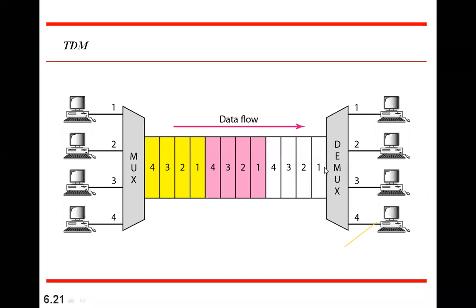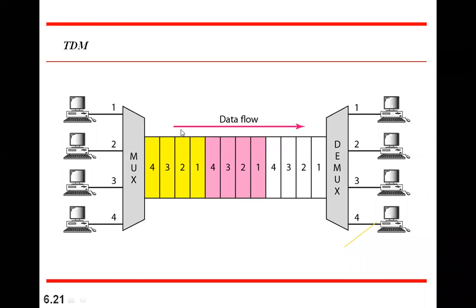During that time, whatever data comes is passed on to the first user. The second time slot goes to the second user, the third slot to the third user, the fourth time slot to the fourth user. Then the fifth goes again to the first user, the sixth to the second user. In this round robin rotation, each one gets his turn. So here also, during his slot he receives at 30 Mbps, and the data is handed over to him. That's how it works.